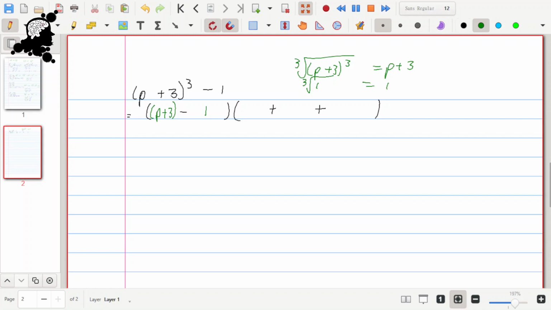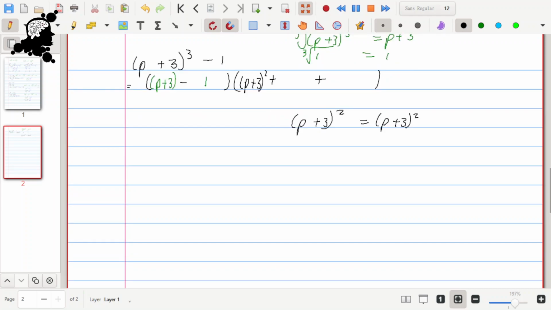Next step is I need to take the first term in the small bracket. So I'm going to take p plus 3 and square it, and I'm going to leave this as p plus 3 squared. Next step is I need to multiply the two terms in the small bracket.